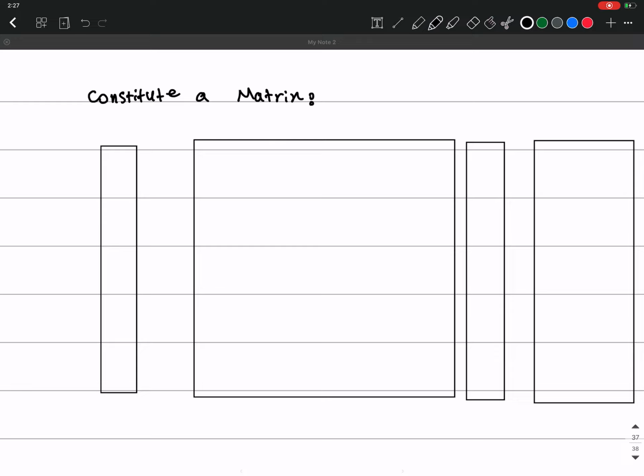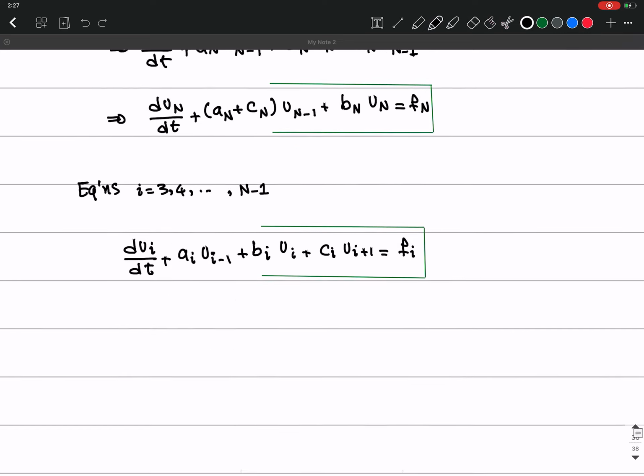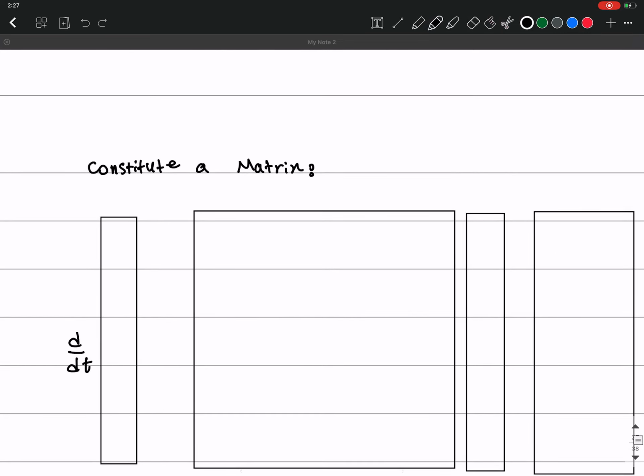So the first one is the du over dt term. So these equations, right? And this is going to be from u2, u3, until un, correct? And then here we have the same thing.